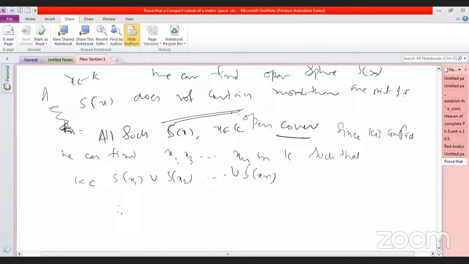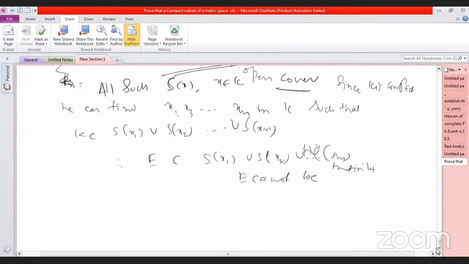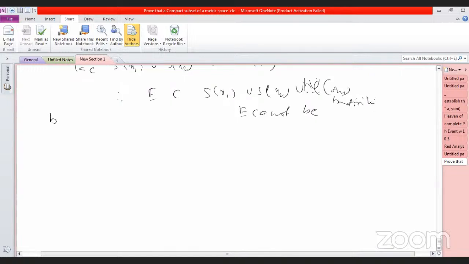Each S of xi has at most one point of E. So can E be infinite or finite? E cannot be infinite. Very good. Thus this contradicts the hypothesis. Therefore B implies C.